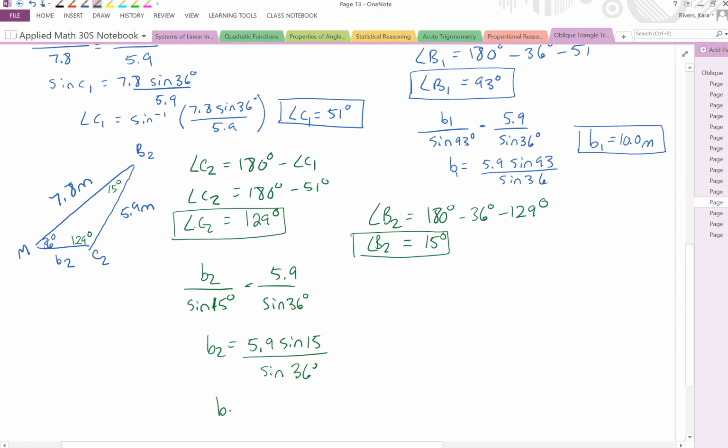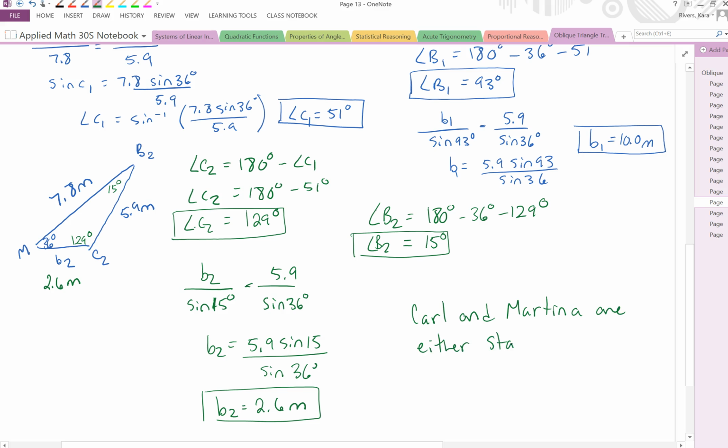Putting that in our calculators, we get that B2 is 2.6 meters. So depending on the situation here, Carl and Martina are either standing 10.0 meters or 2.6 meters apart.